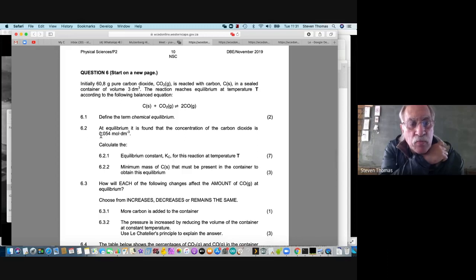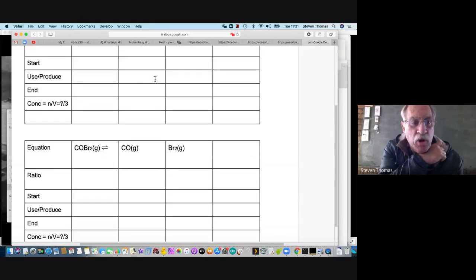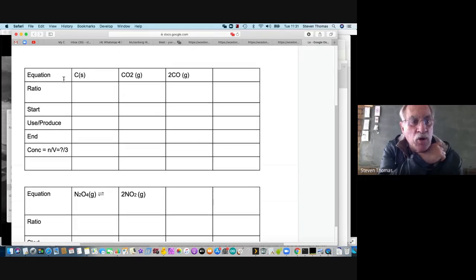So here we got a concentration. So now we're going to do exactly the same as we did for waffles. We're going to do it for carbon, carbon dioxide, carbon monoxide. Okay, so let's make a little table for it. And I've done that somewhere. Okay, won't you make a table like this?